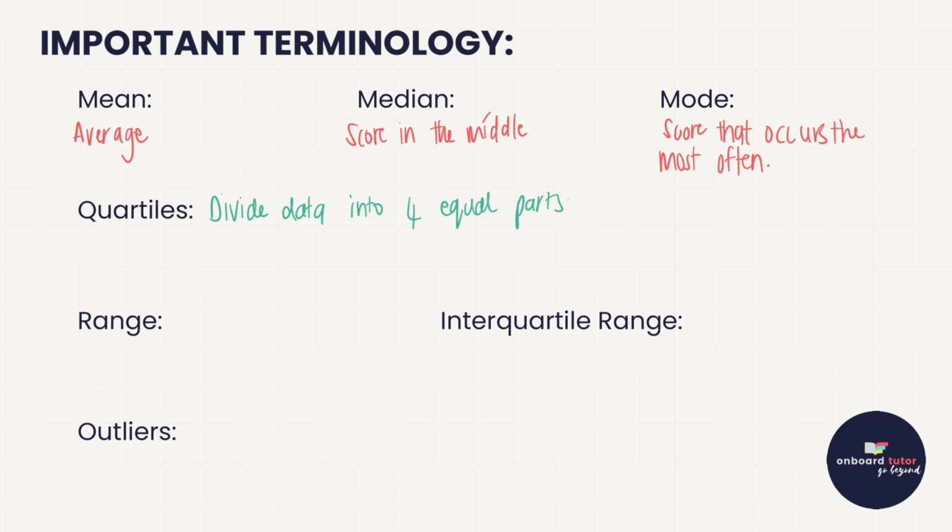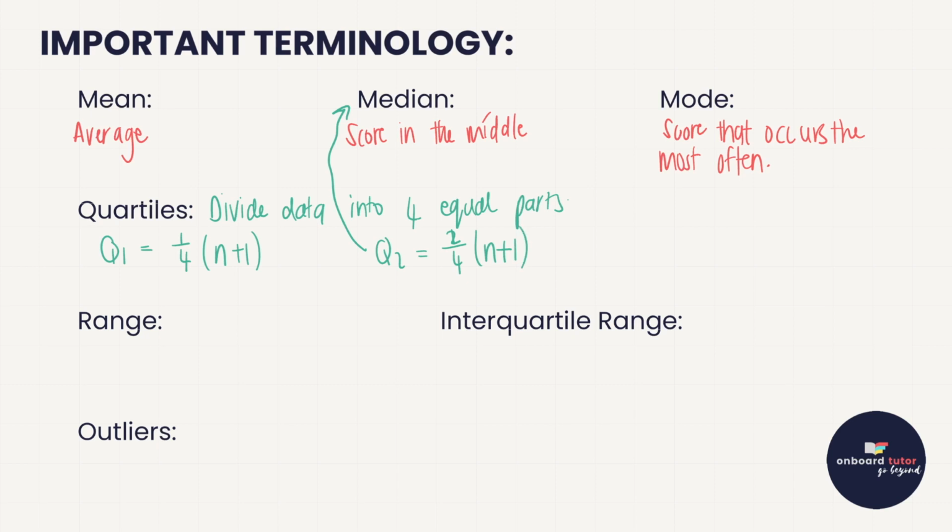Now, it's very important that you know how to find the position of the quartiles. So quartile 1, sometimes called the lower quartile, you can work out the position: 1/4 of the number of data scores plus 1. Okay, quartile 2, which is the same as the median, is equal to 2/4 or 1/2 times n plus 1.